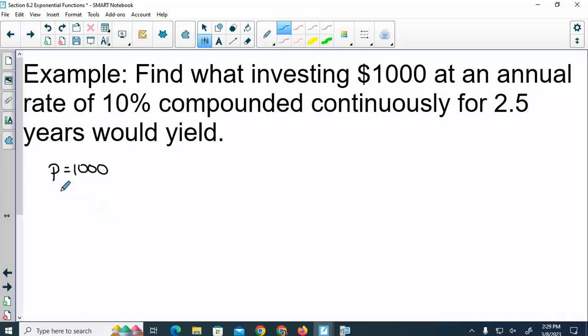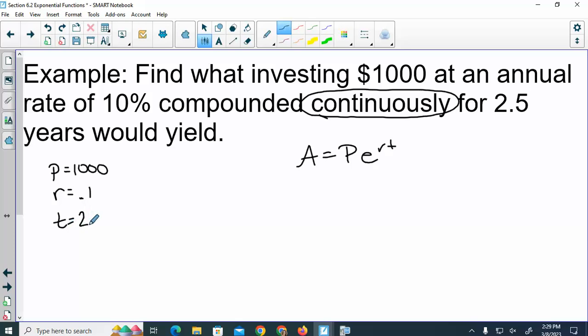An annual rate of 10%, so r is 0.1. Compounded continuously. When you see continuously, what does that tell me? We're going to use that same equation up there. For 2.5 years would yield. So we're trying to figure out what we're going to get, so we're looking for A.